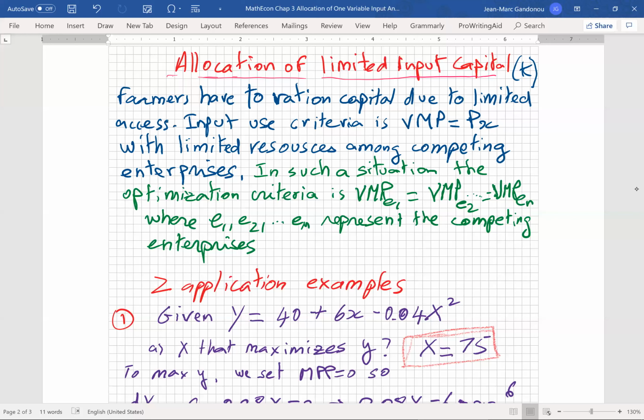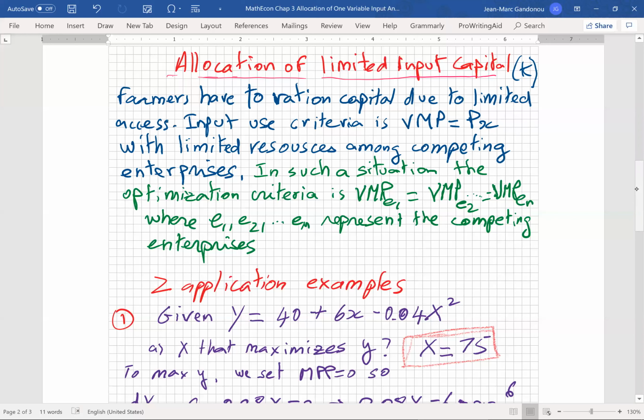It can happen, but usually it doesn't. And so when that happens, the optimum input that we have been talking about, X, the farmer may not be able to apply all the X that's necessary to maximize yield.